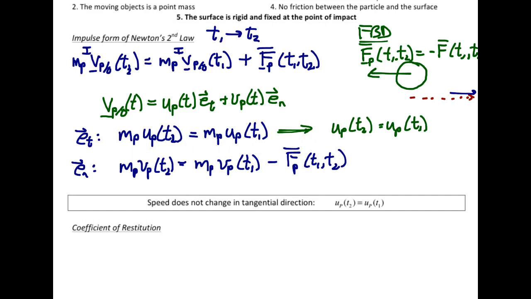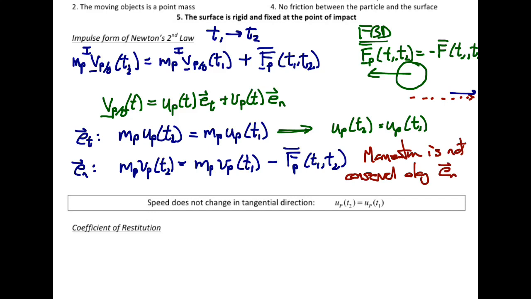Now, when we had two particles that were colliding together from lesson 22, momentum was conserved along the line of impact. So this is a key difference. Momentum is not conserved along e_n.